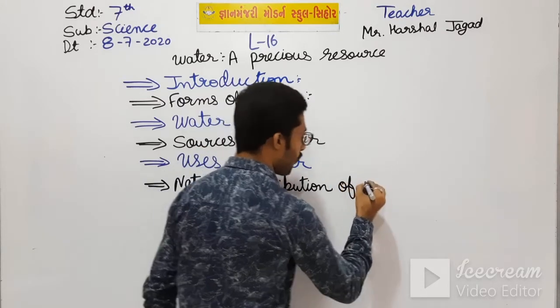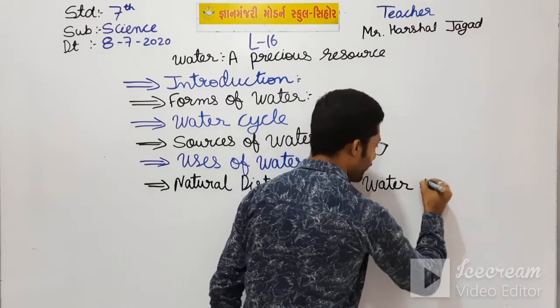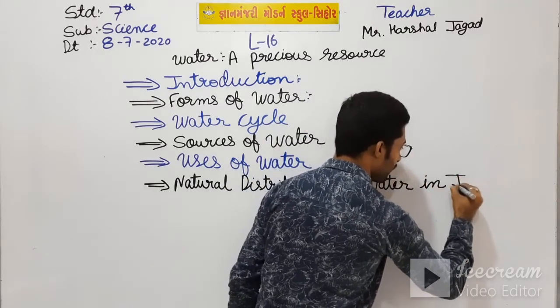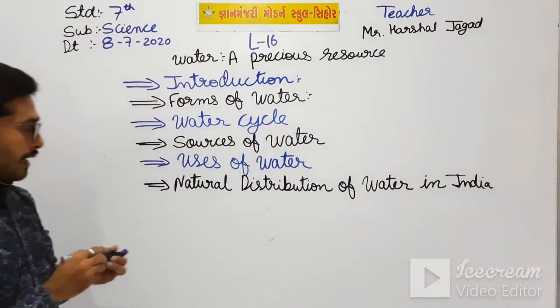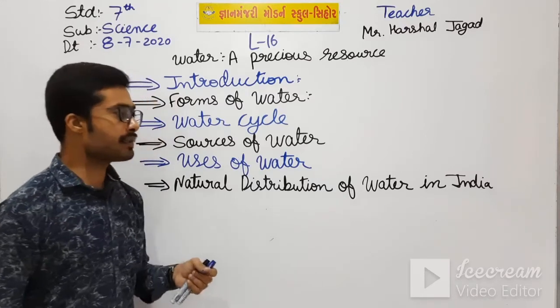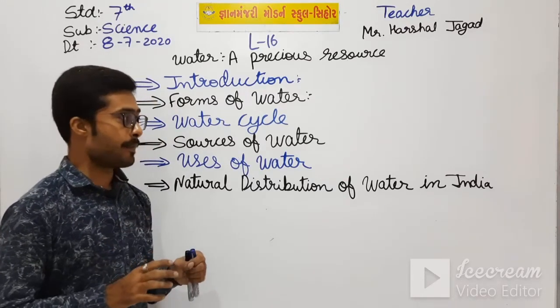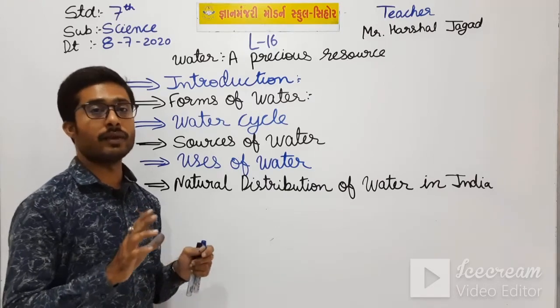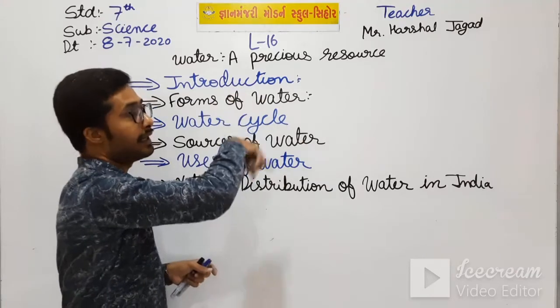In this we have seen how the water, the rain or the rivers, are distributed across India.